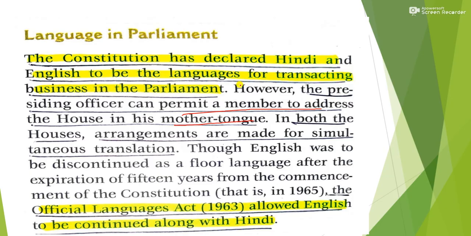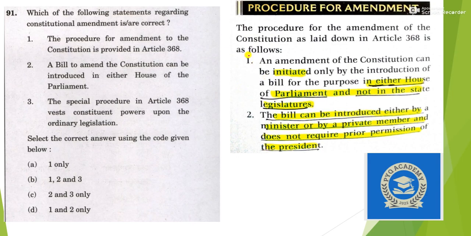Okay, next question. Which of the following statements regarding constitutional amendment are correct? The procedure for amendment to the constitution is provided in Article 368. Yes, this is definitely true. Then, a bill to amend the constitution can be introduced in either house of the Parliament.